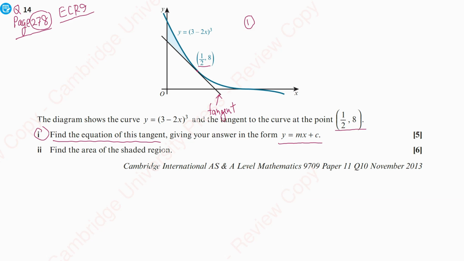From here we have to differentiate the curve equation first. The curve equation has been given here, y = (3 - 2x) to the power 3. We differentiate to get dy/dx. We apply the chain rule: the power 3 comes down, and differentiating the inside gives -2.